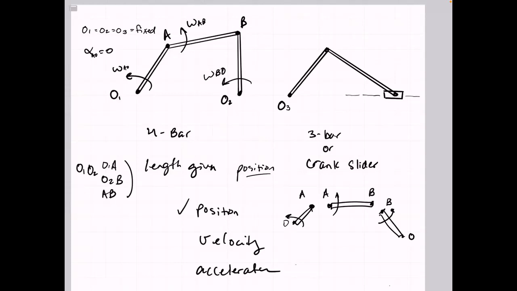So now we can look at the velocity of A with respect to O, the velocity of A with respect to B, and the velocity of B with respect to O. So these are three velocities, and with these velocities, we can make a relative velocity equation. This equation has X and Y components.